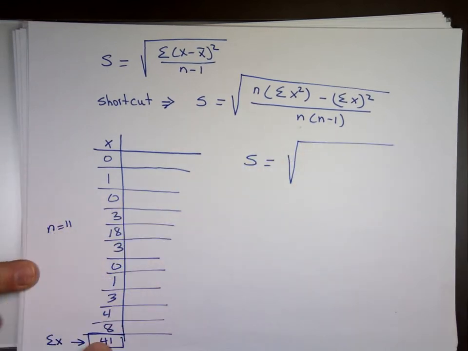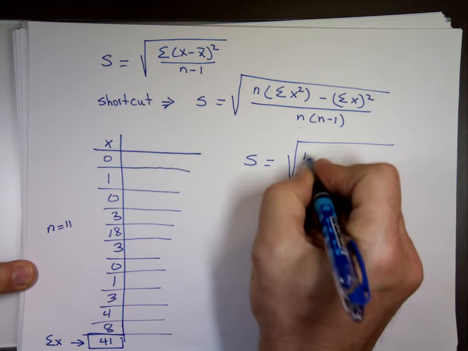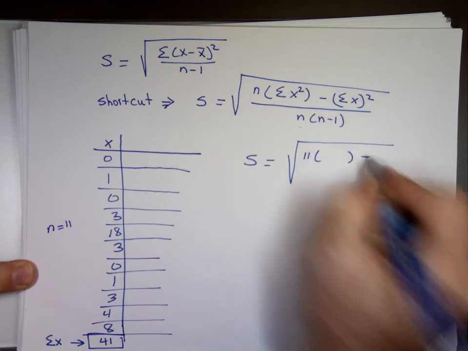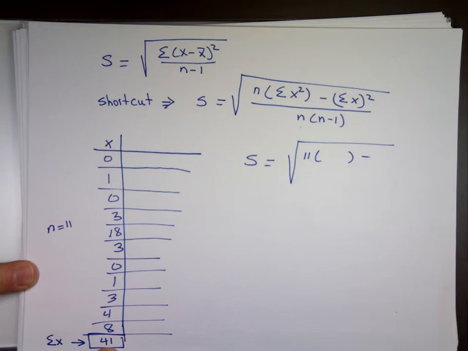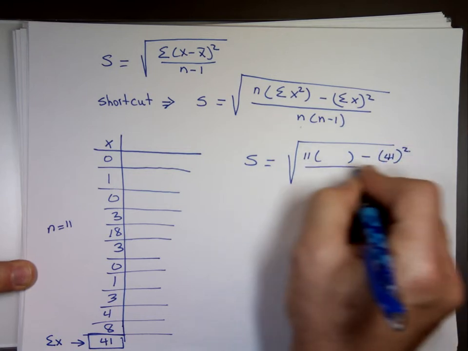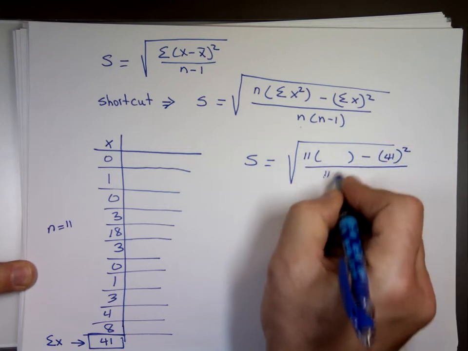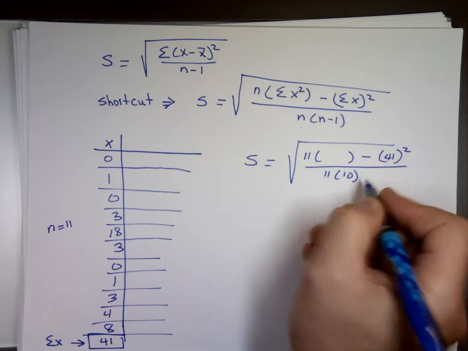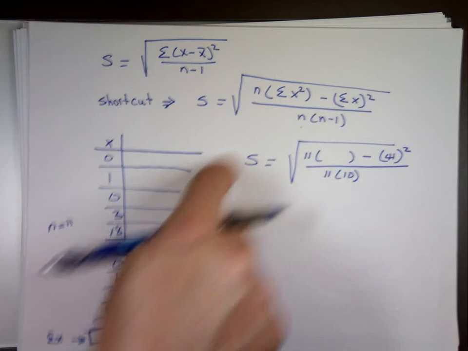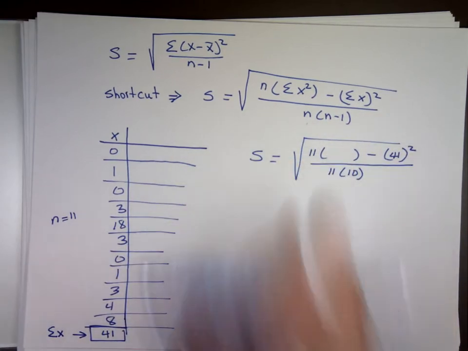I know n is 11 times something. Minus the sum of x, which is 41, squared, divided by 11 times 10. Just by adding these and counting how many values you have, we have everything we need except one number: the sum of x squared.